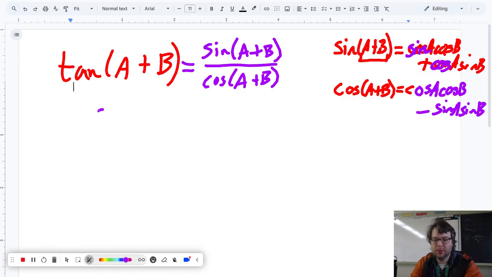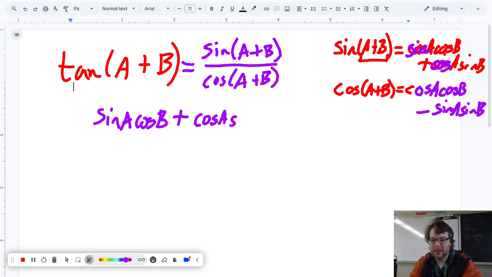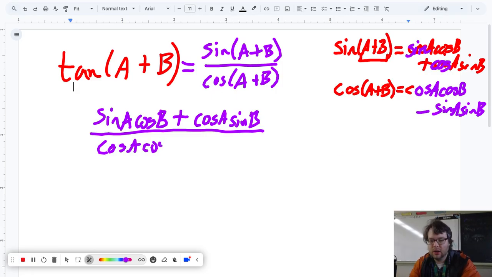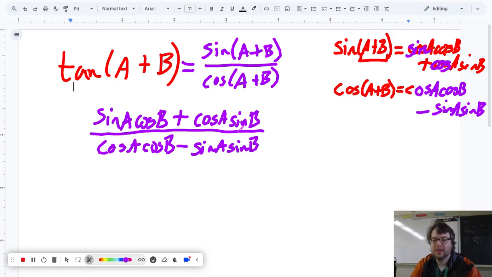Then we can use those formulas that I wrote down correctly. The numerator is sine A cosine B plus cosine A sine B, all over cosine A cosine B minus sine A sine B.